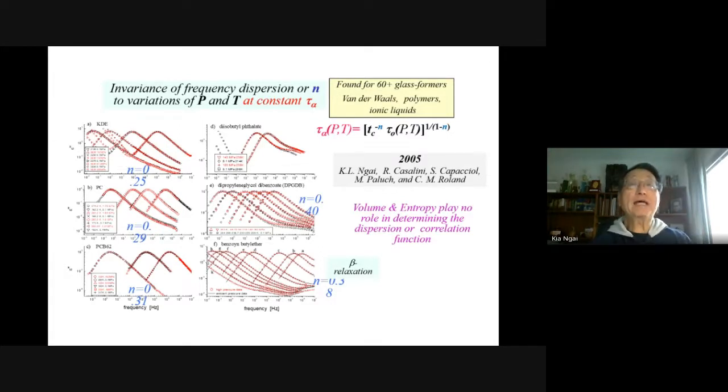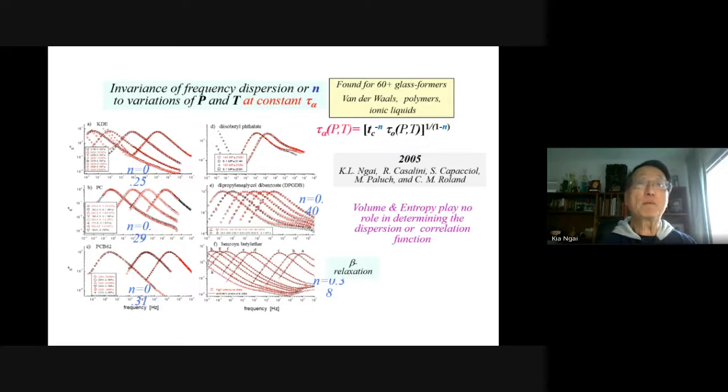It tells you that if you change pressure and temperature, and maintain a constant tau alpha, that is, look at each of the dielectric spectra, at any particular peak frequency or at constant tau alpha, you can change pressure and temperature as you like over a broad range, and the frequency spectrum of the so-called alpha relaxation.